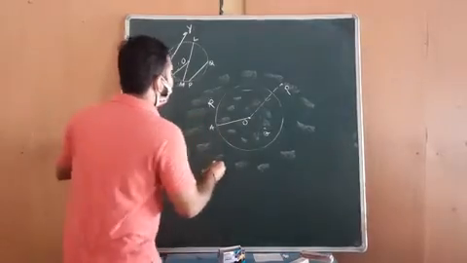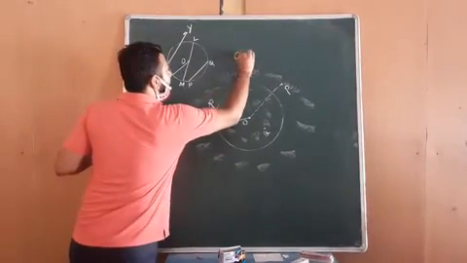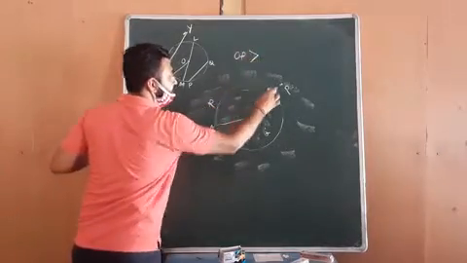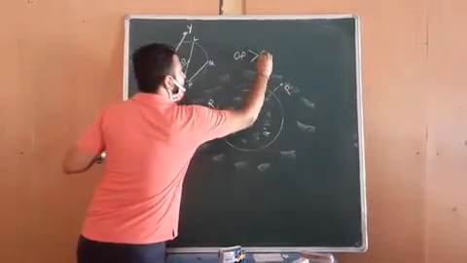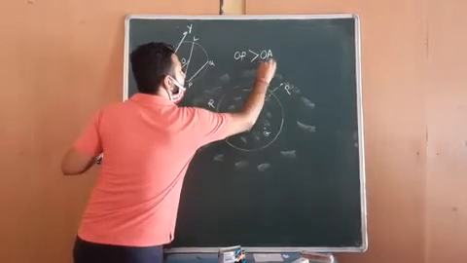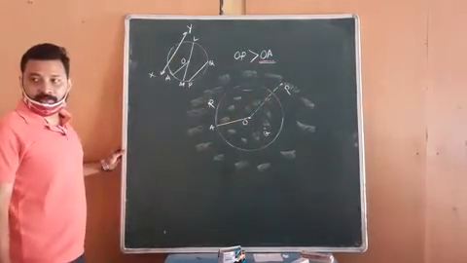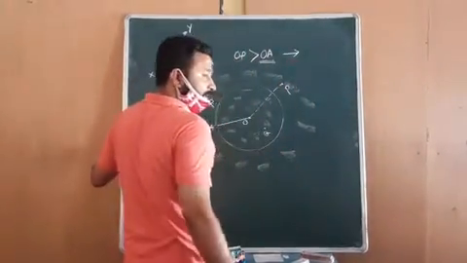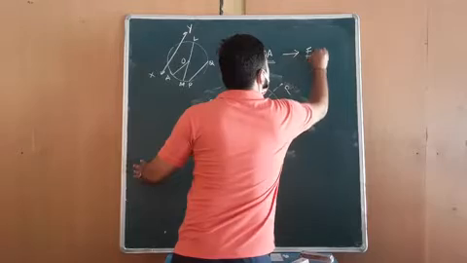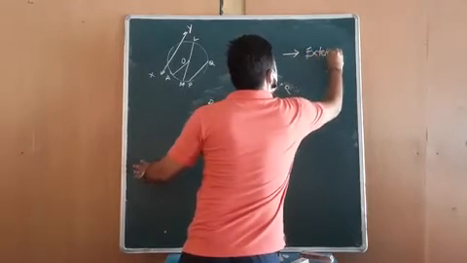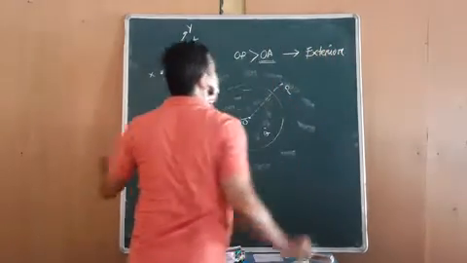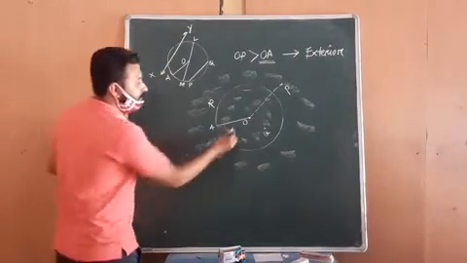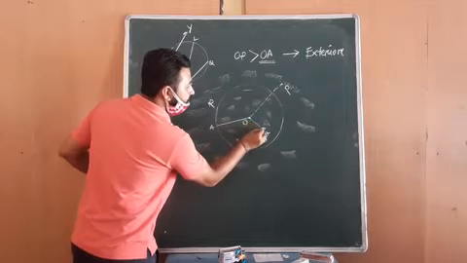So here we can write, if the length of OP is greater than OA, where OA is the radius of the circle, then the point P will lie in the exterior of the circle.